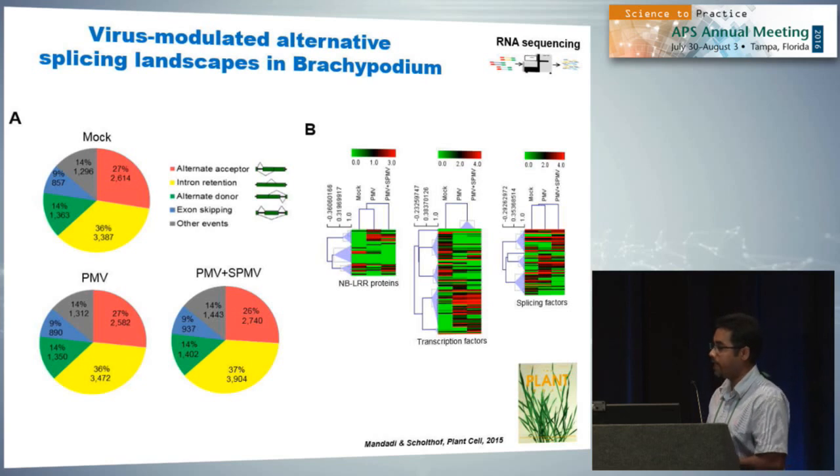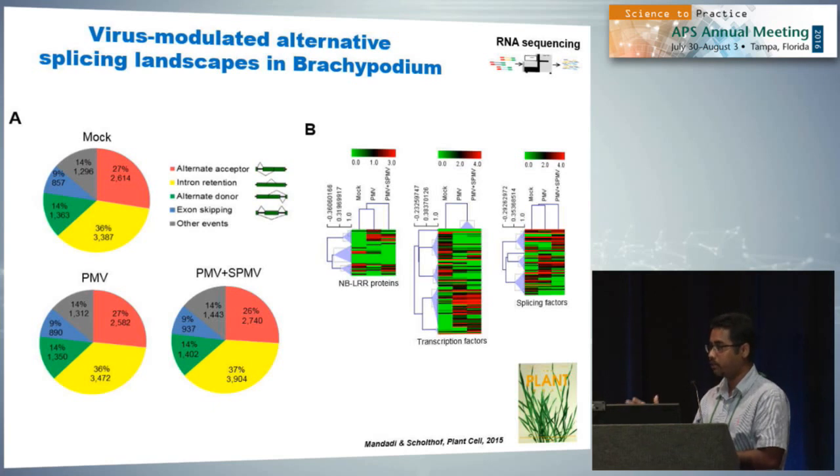Also transcription factors, and splicing factors themselves sometimes get alternatively spliced. We found a significant number of splicing factors to be misspliced. So there's a lot of data in this one slide. Each of these genes could have an impact on the susceptibility of Brachypodium to PMV.